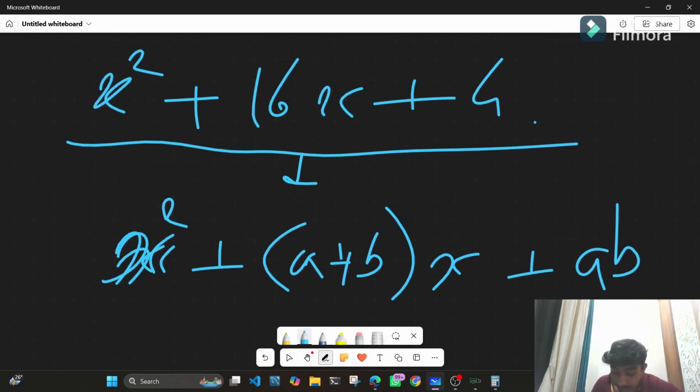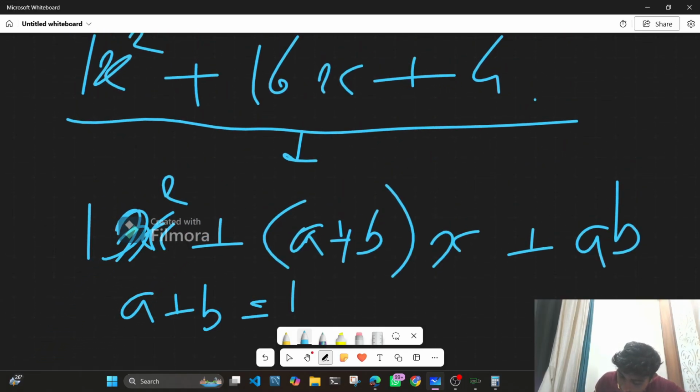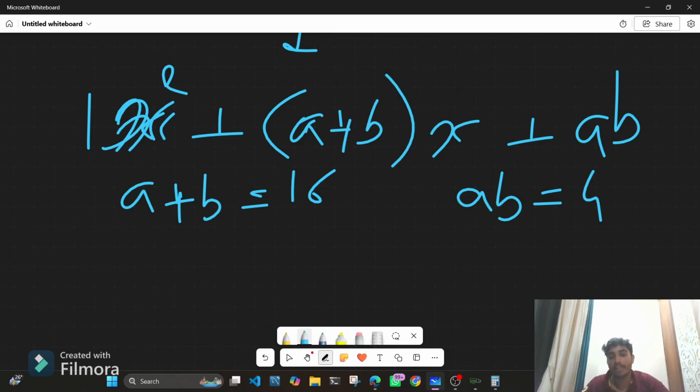But you need to focus on the coefficient of x square, which needs to be 1. So if we equate this with the standard form, we get a plus b is equal to 16 and ab is equal to 4. So we need to find the values of a and b such that they satisfy these equations. This was a hypothetical example, so we don't have such values that satisfy this.